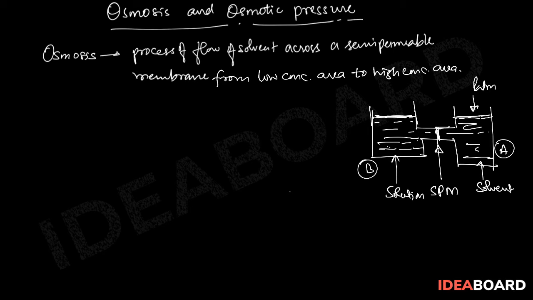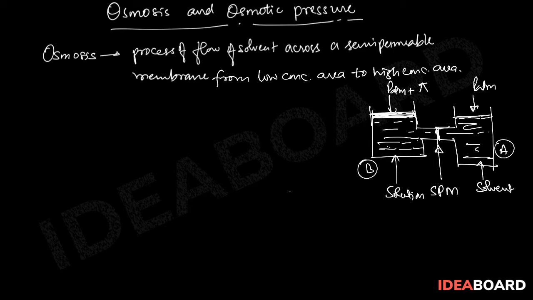Now imagine we apply a piston here and apply suitable pressure. Already PATM is there, we apply suitable pressure pi such that this movement of solvent particles stops. So it is possible to prevent osmosis by applying suitable pressure.